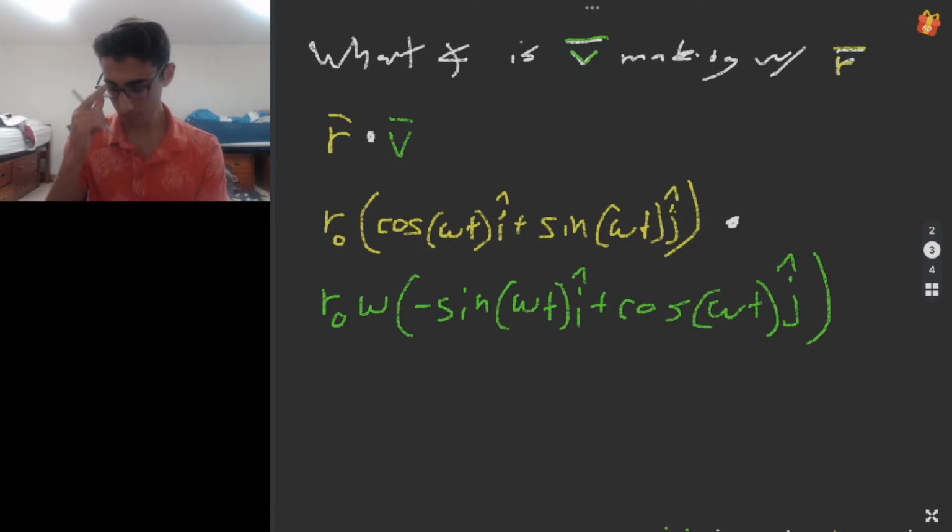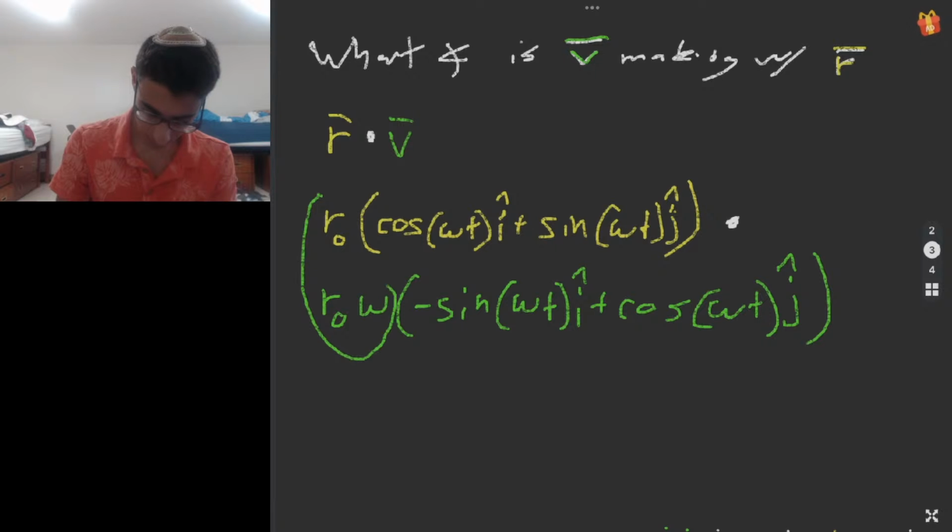Well, these guys are scalars, so we don't have to do much about them. This is just basic multiplication, so we just multiply them.